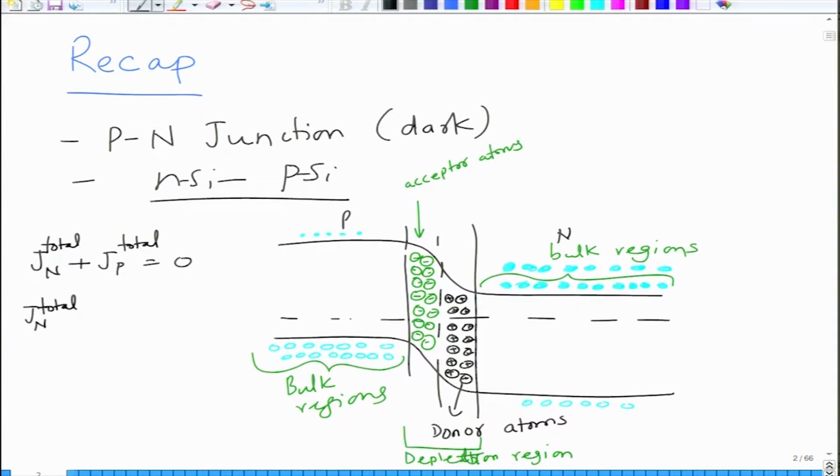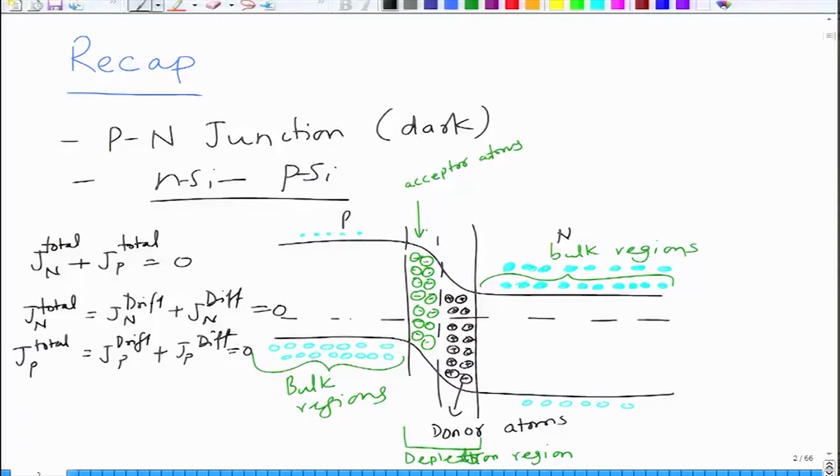Jn total is equal to Jn drift plus Jn diff, and this is equal to 0. Jp total is Jp drift plus Jp diff, and this is also equal to 0. Which means drift and diffusion currents are equal and opposite to each other for both holes and electrons. Any more migration of electrons and holes is not possible, because you have a built-in electric field, called VBI.